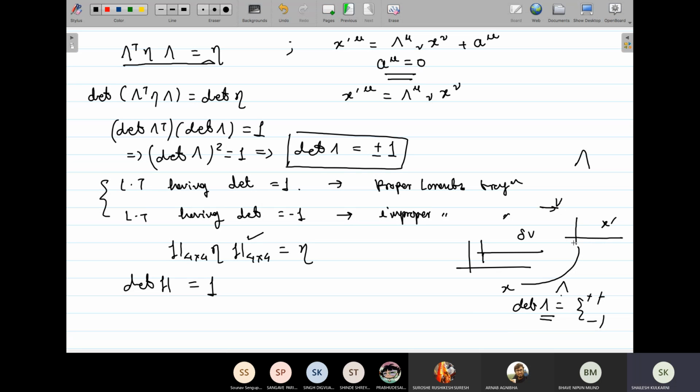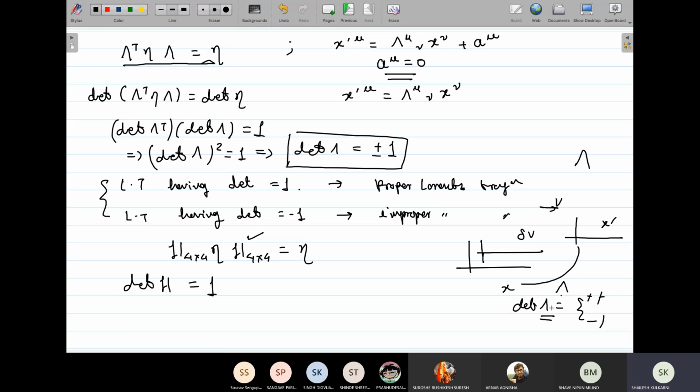So now any continuous transformation will not take me from determinant plus one to determinant minus one, right? Because suppose this Lorentz transformation has determinant -1, what does it mean?